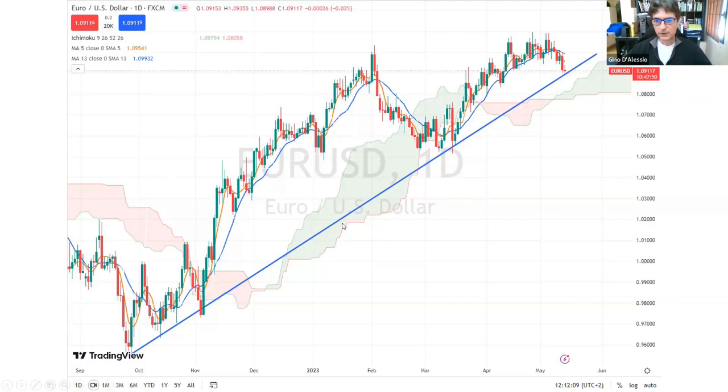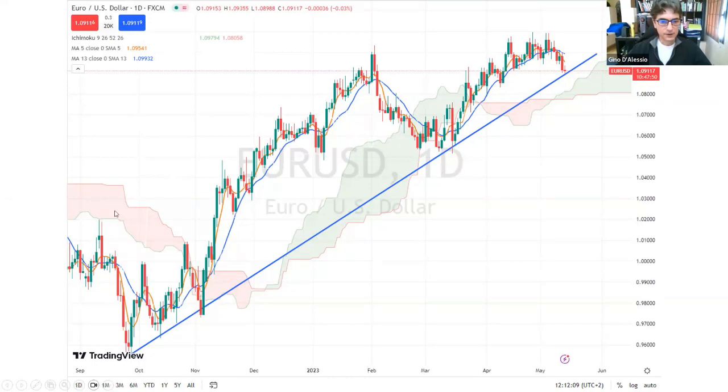On this chart, we also see the Ichimoku cloud. The Ichimoku cloud tells us whether the market is in a bull market when it's above the cloud, or when it's below the cloud, like in this part of the chart, it tells us it's in a bear market. So perhaps, for example, in this area here, there was a crossover on the moving average.